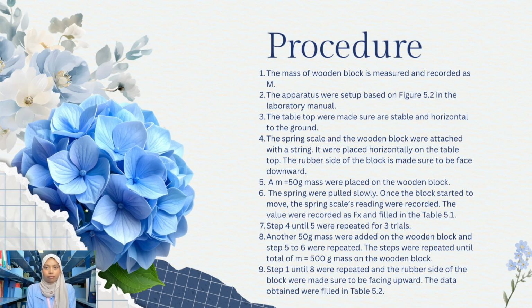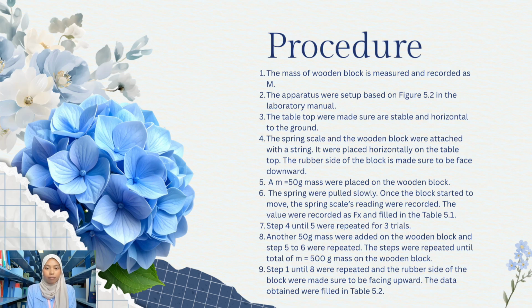Next, a mass M equal to 50 gram was placed on the wooden block. And next, the spring was pulled slowly. Once the block started to move, the spring scale's reading was recorded. The value was recorded as Fx and filled in table 5.1. Next, steps 4 until 5 were repeated for 3 trials.